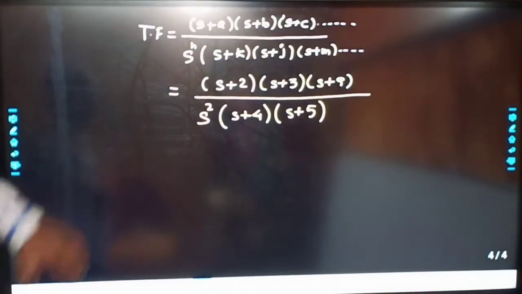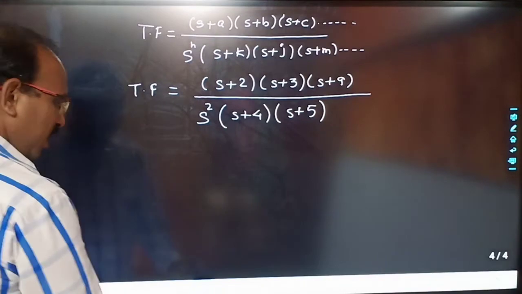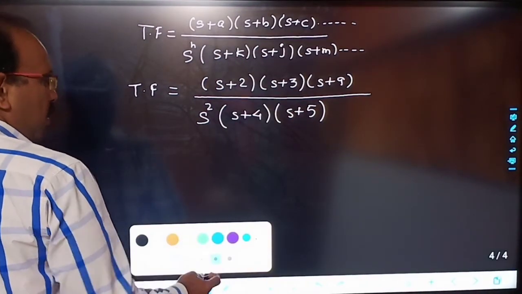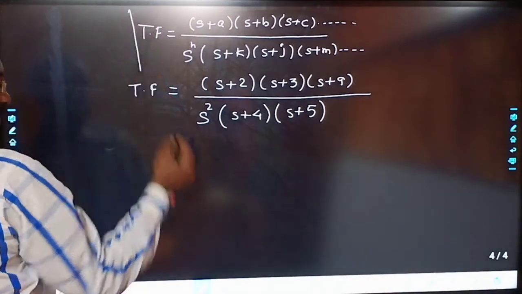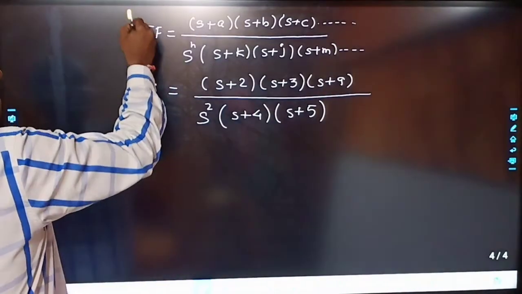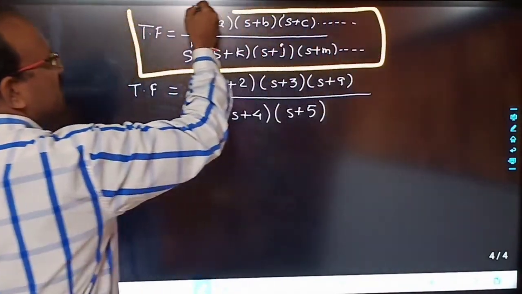So this is the real presentation of transfer function. Now thing is what? Here I want to tell you about this. This is standard presentation of transfer function.